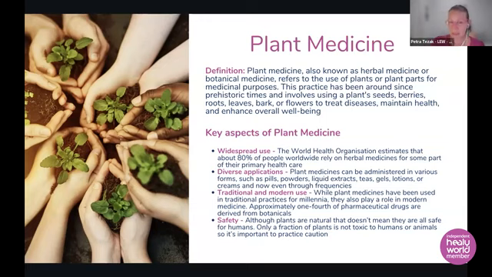So let's look at some key aspects of plant medicine and why we are so drawn to it. First of all, it is quite widespread in its use. The World Health Organization estimates that about 80% of people worldwide rely on herbal medicine as some part of their primary health care.